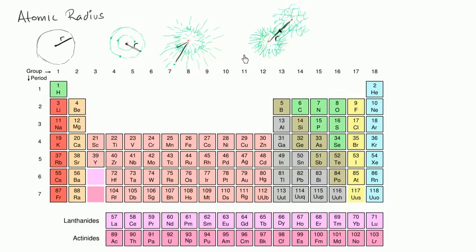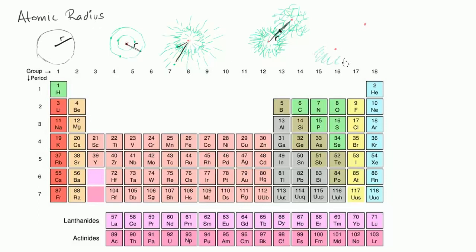Another way is, well, what about if you have two atoms of the same element that are bonded to each other through a covalent bond? A covalent bond, we've seen this in the past. You essentially have two atoms. So that's the nucleus of one, that's the nucleus of the other, and they're sharing electrons.